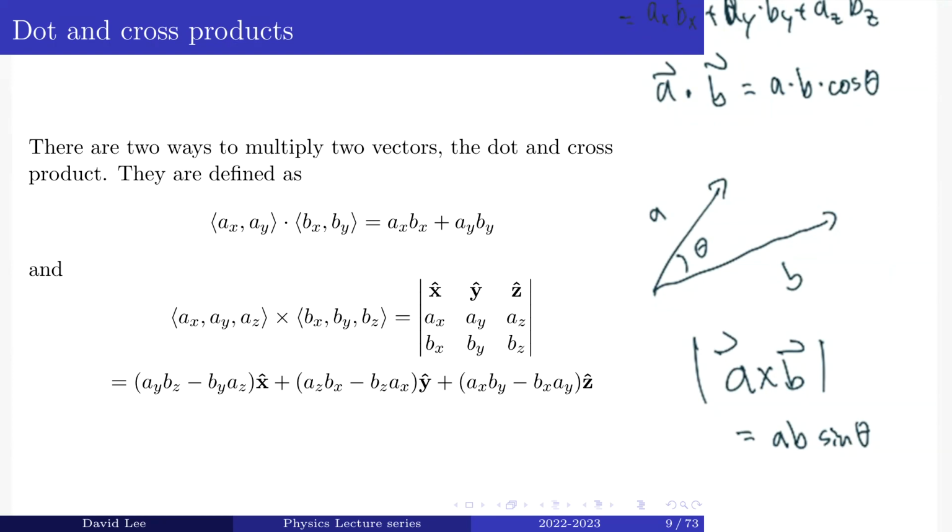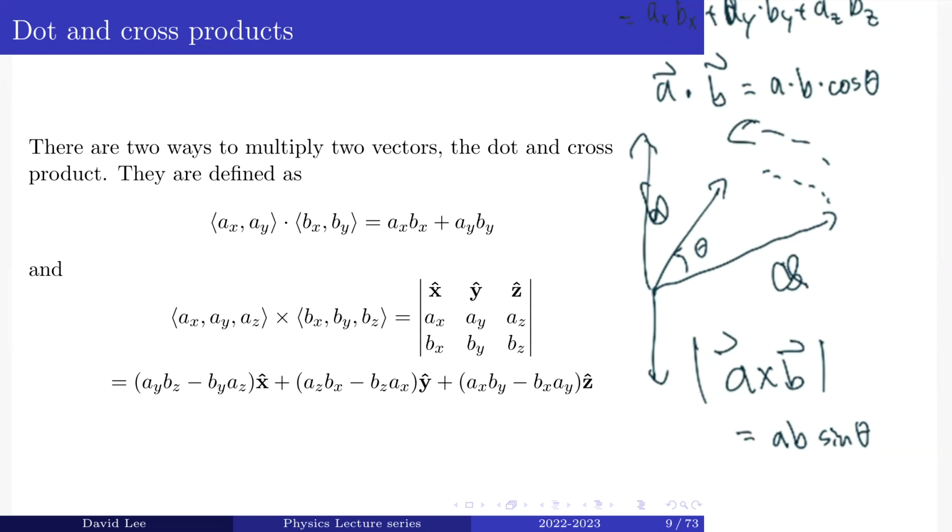So I guess how to explain this, if you have to go clockwise to get to B, then it will be downwards. But if this was A and this was B, and you're going counterclockwise, then it would be upwards.